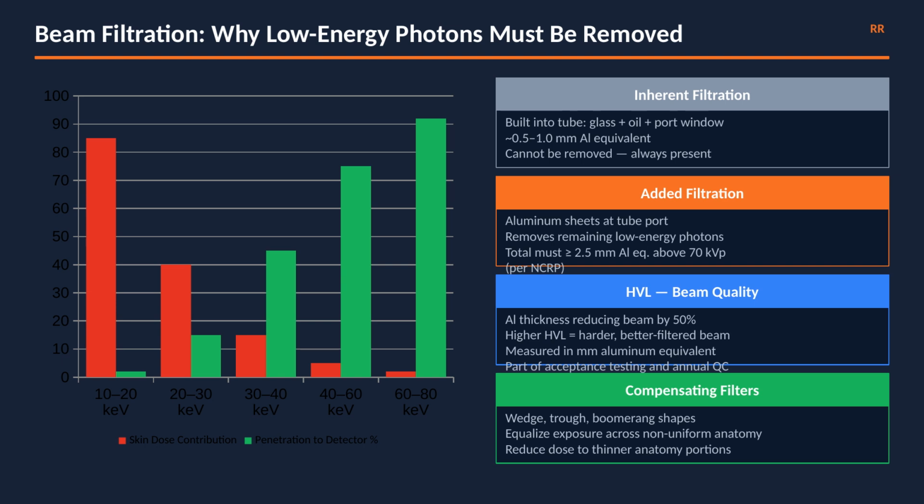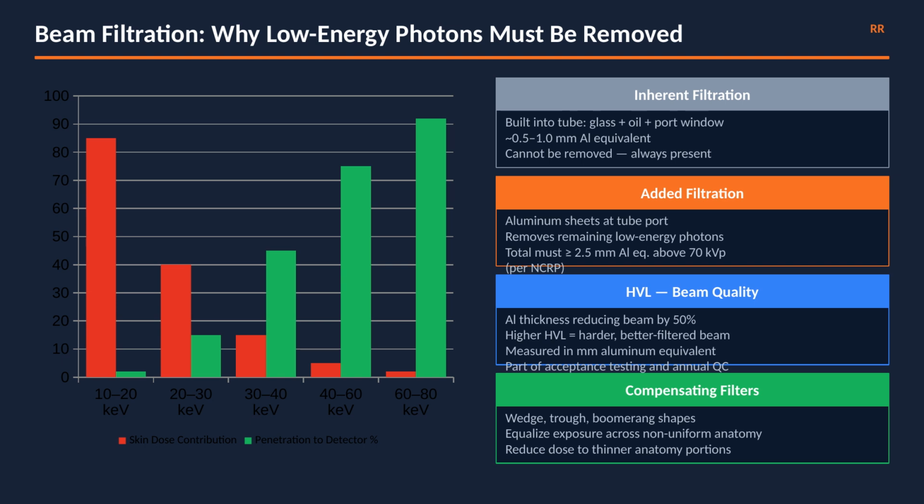The NCRP requires that total filtration, inherent plus added, equal at least 2.5 mm aluminum equivalent for tubes operating above 70 kVp. Below 70 kVp, 1.5 mm minimum. For mammography, below 50 kVp, 0.5 mm minimum.